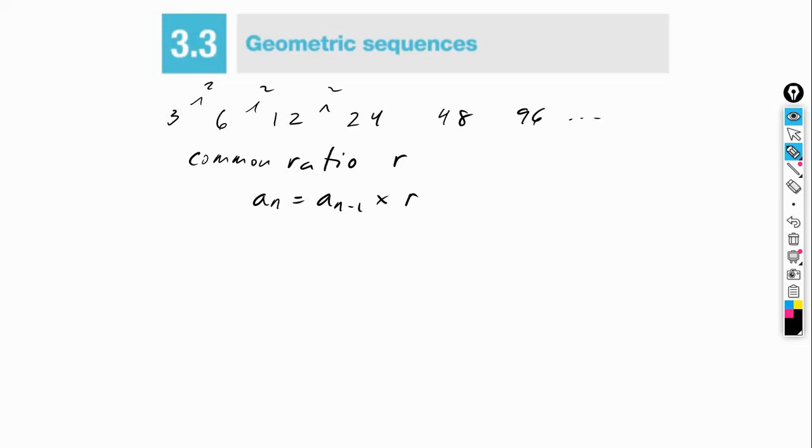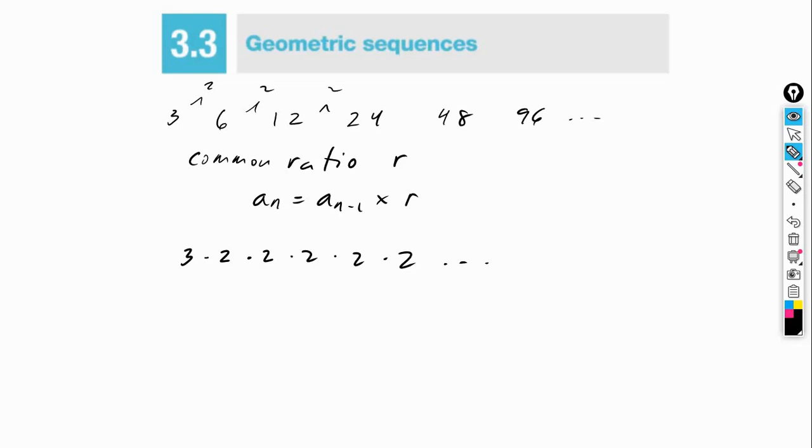Well, for these formulas, we would have to take the first term. So let's say 3. Notice that we get 6 by multiplying by 2, and then we multiply again by 2 to get 12, and then by 2 to get 24, and then by 2 to get 48, by 2 to get 96, etc. So what would be the pattern?